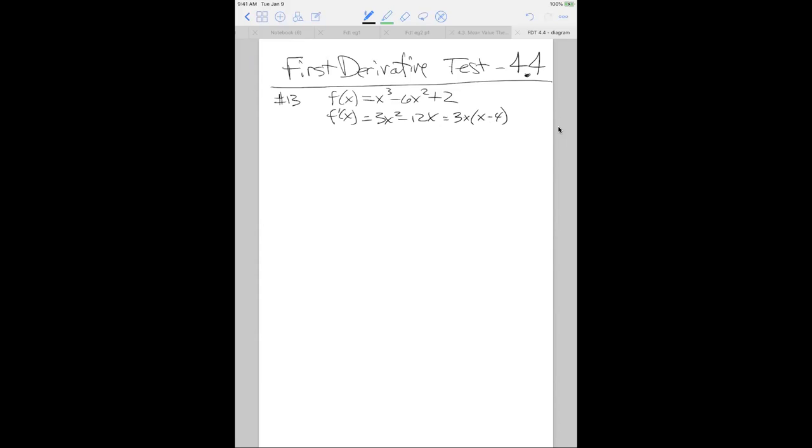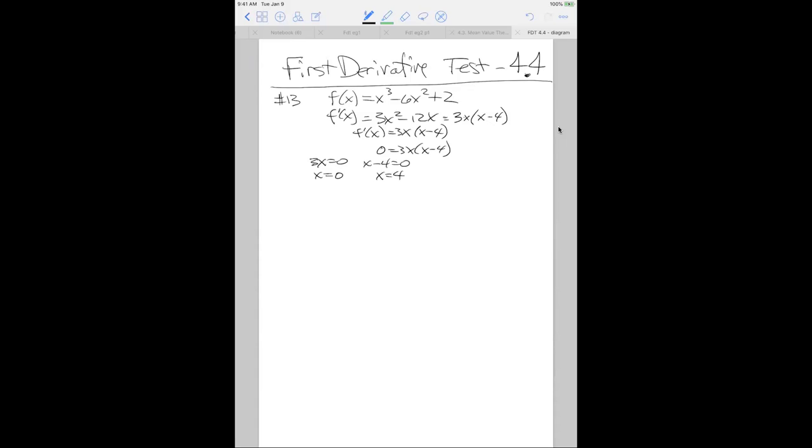So the derivative is equal to 3x times x minus 4. Set that equal to 0. And that tells us that either 3x equals 0, which means x must equal 0, or x minus 4 equals 0, which means x equals 4. So I've determined that there are two critical numbers, 0 and 4.